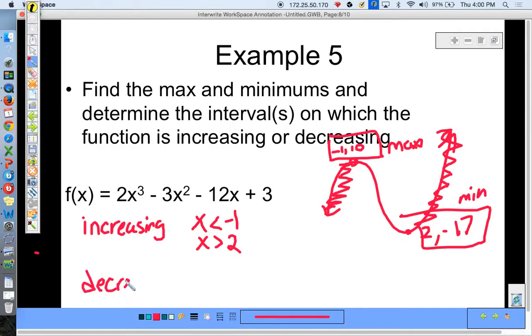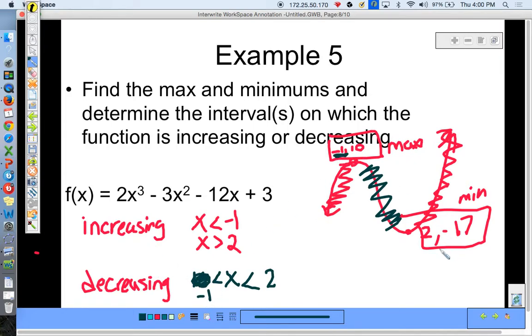And then we can take a look, well, when is it decreasing? Well, it's decreasing in between these values here. So it's decreasing when negative 1 is less than x is less than 2. We always reference our x values, so in between negative 1 and 2.